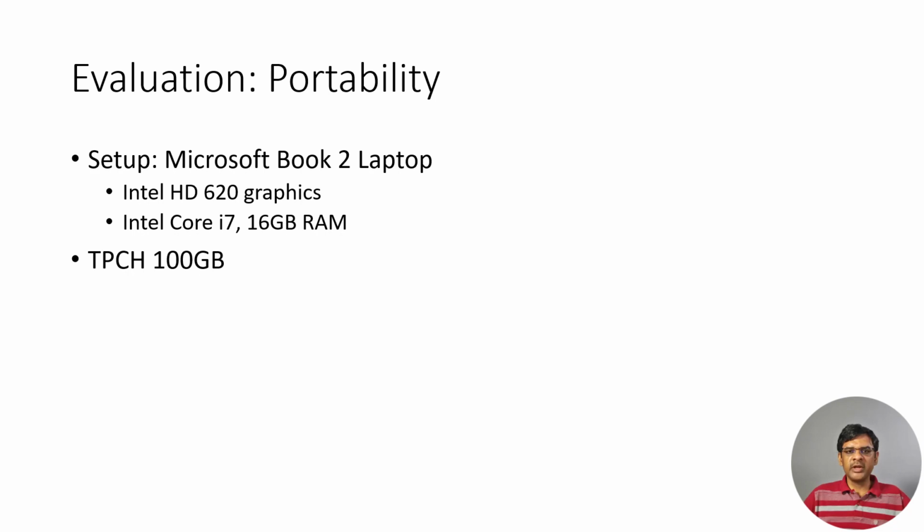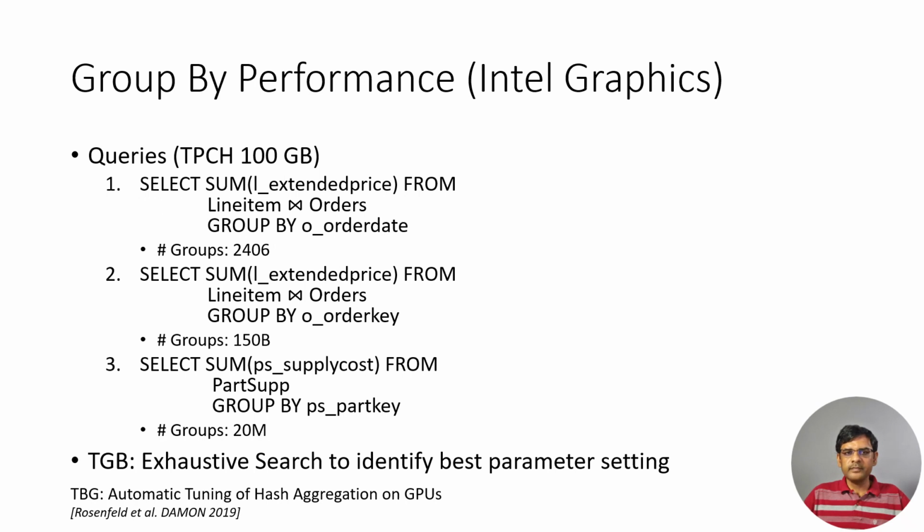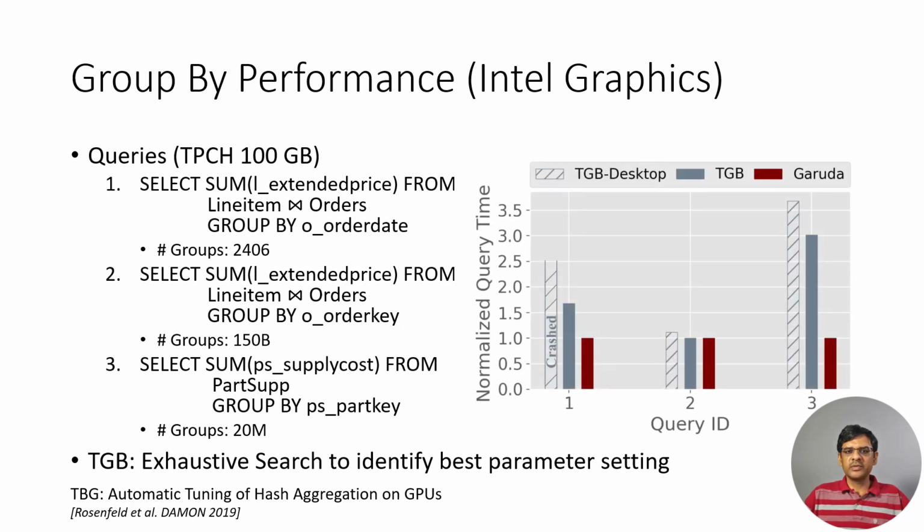To test the portability of our approach against conventional GPGPU methods, we also tested our group by implementation against TGB on a laptop with an Intel graphics processor. We use the TPCH 100 GB data for this experiment. We ran the same group by queries as before and again performed an exhaustive search to identify the best parameter setting.